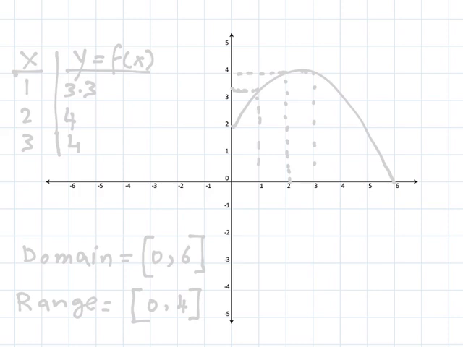And we close the intervals again, since 0 and 4 are included. And so that's how you find the f of x or the y values based on given x values and a graphed function, and how to find the domain and range.